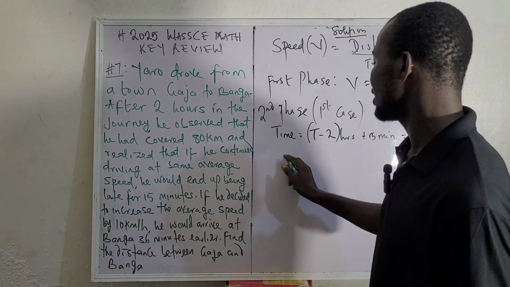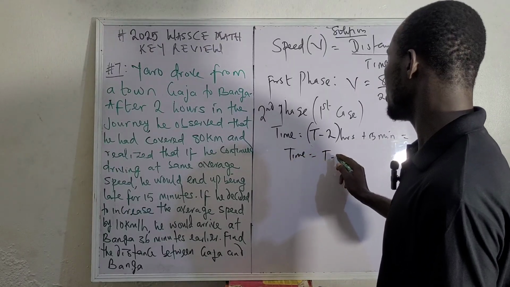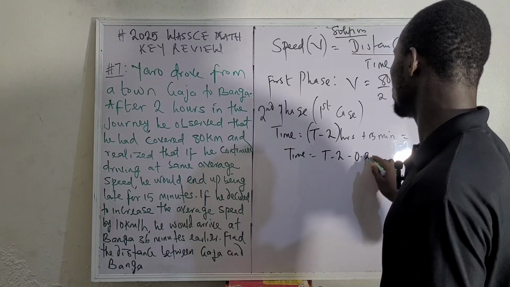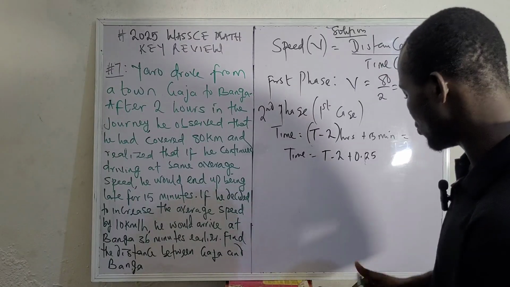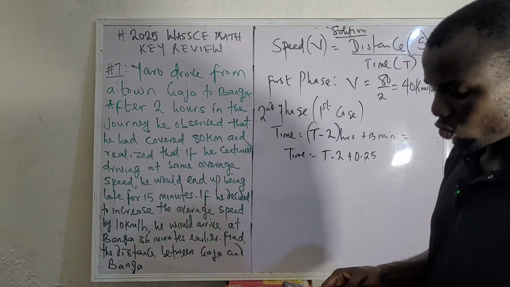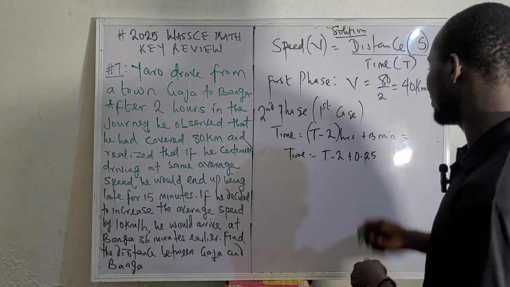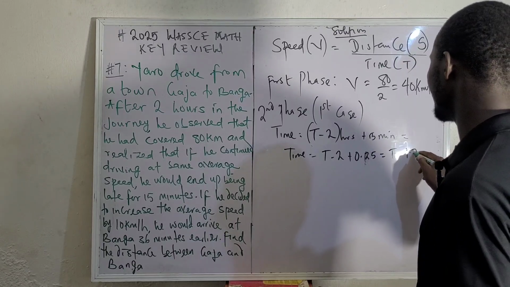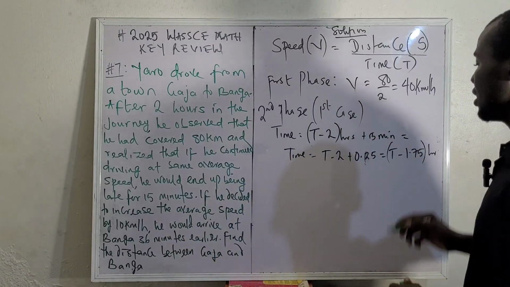So our time will be equal to T minus 2 plus 0.25, because that 15 minutes means that the time would have increased by 15 minutes. And so minus 2 plus 0.25, we have this to be T minus 1.75. So that is the new time in hours.